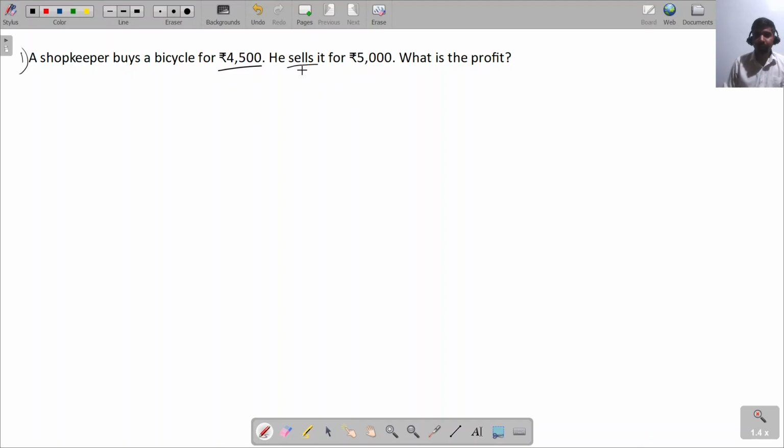If you have the word sells, it's SP. He has sold it for rupees 5,000. We'll write the given. This is the cost price, rupees 4,500, and selling price is rupees 5,000. We have to find profit.